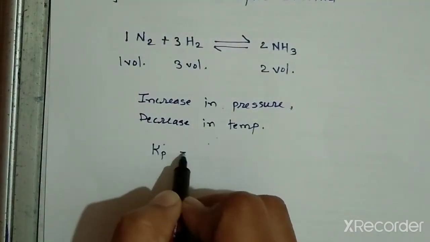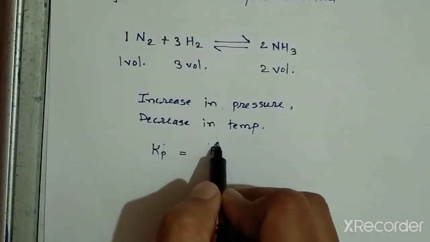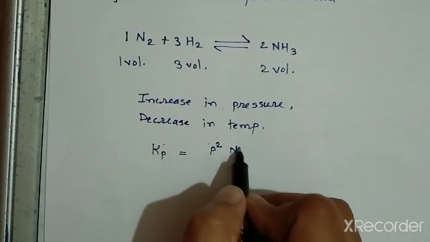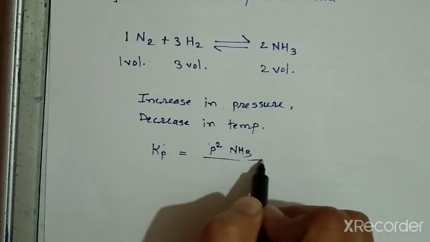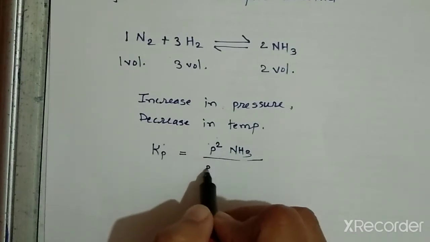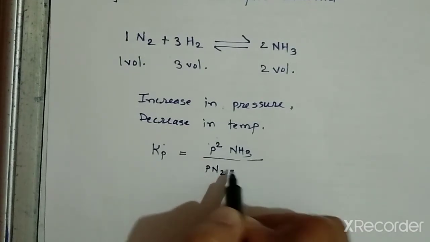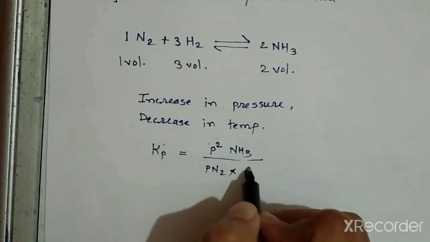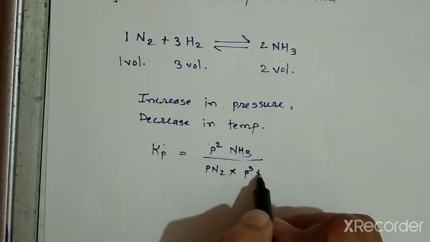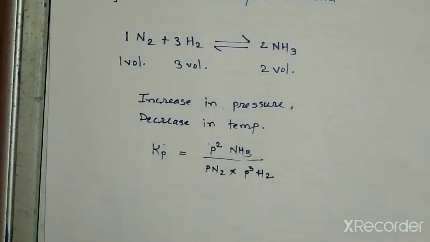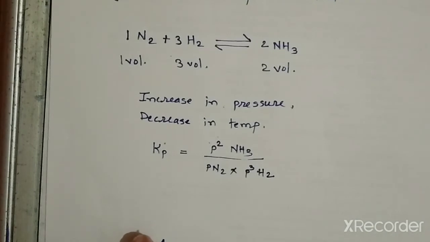The equilibrium constant Kp is nothing but P squared of NH3 divided by P of N2 into P of H2 to the power 3, these being the molar proportions. This equilibrium constant for the reaction depends upon the temperature and pressure.